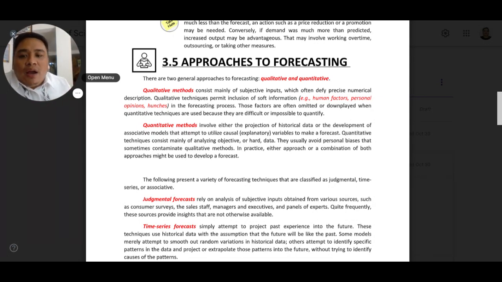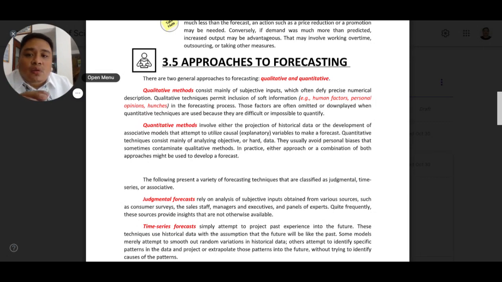Okay? We have also what we call quantitative method as another general approach. Okay. Quantitative methods involve either the projection of historical data or the development of associative models that attempt to utilize causal variables to make a forecast.